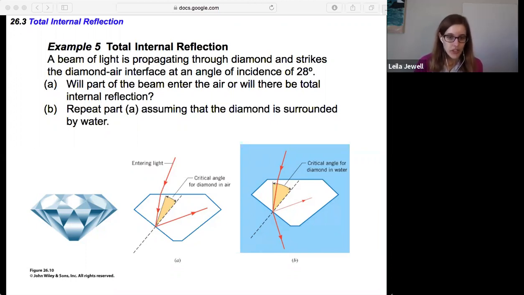So we notice the first step here is drawing a picture, and they show the light propagating through the diamond, so that's what we're focusing on. And then we want to know when it strikes the diamond-air interface, if it will then enter the air. So that's important to note, that's the boundary. And they give us this angle of incidence. Okay, so we want to know, is the angle such that it will? And will that change if it's surrounded by water?